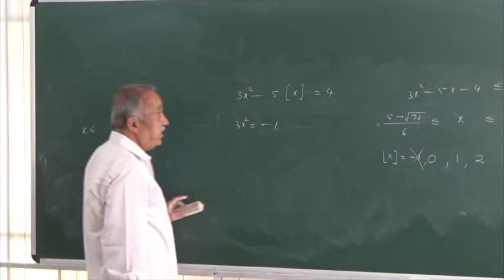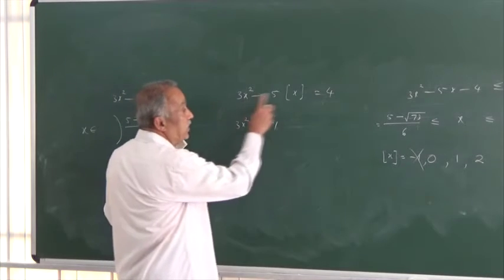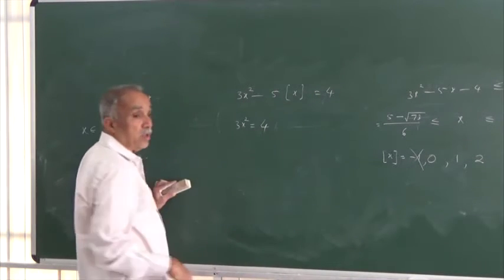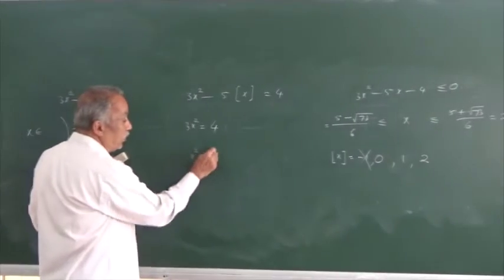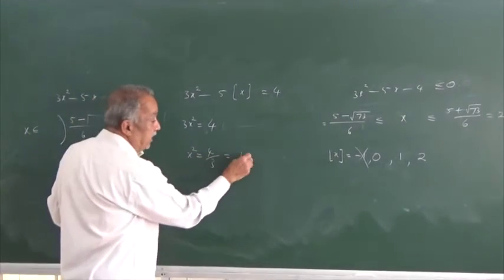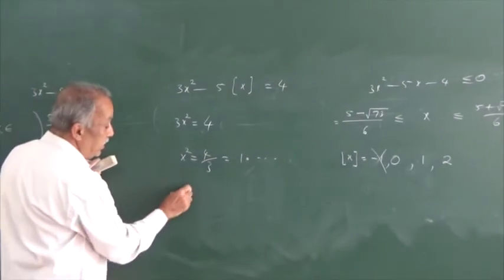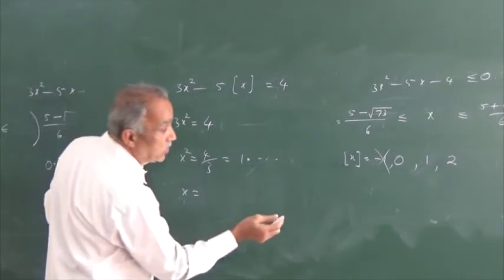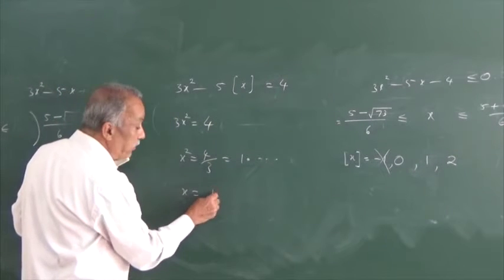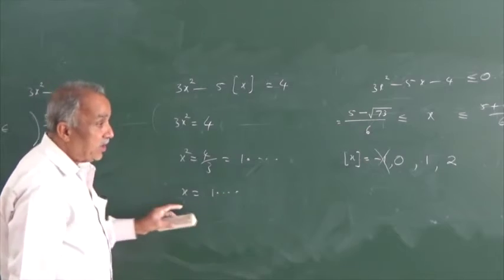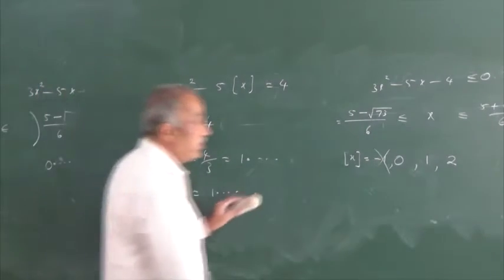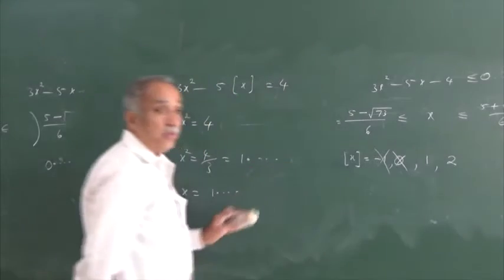Next possibility, integer part 0, 3x² = 4, x² = 4/3, roughly 1 point something, x is equal to the negative root, I need not consider, the positive root is 1 point something. Will it have integer part equal to 0? No. Again we have a reason to reject this value.